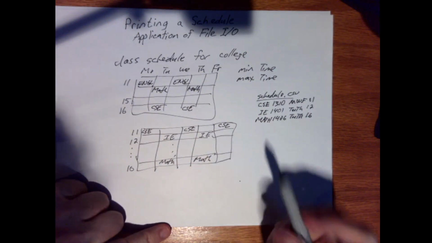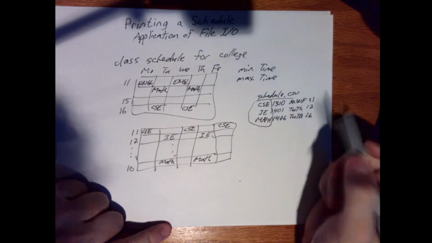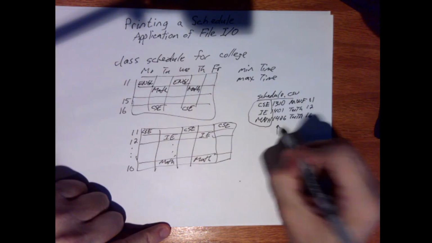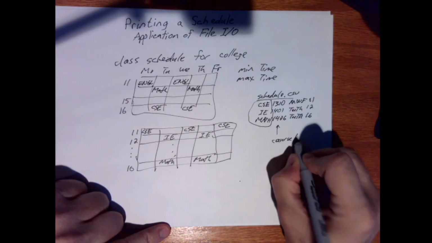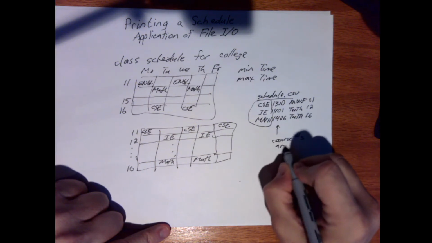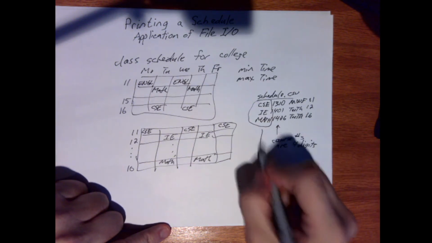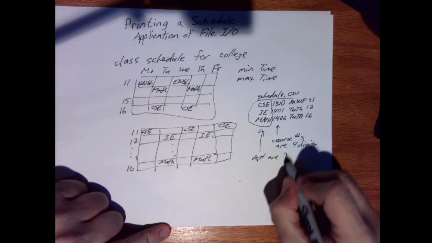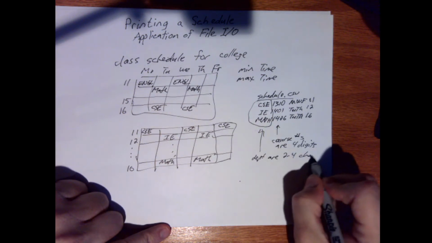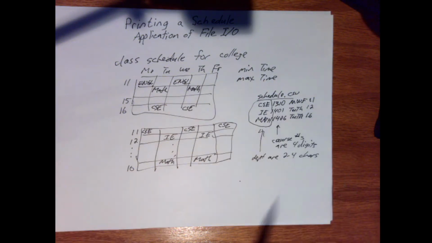What do I notice? Well, one thing I noticed has to do with column widths. All the course numbers are 4 digits, but the departments are 2 to 4 characters. IE is 2, math is 4, CSE was 3.